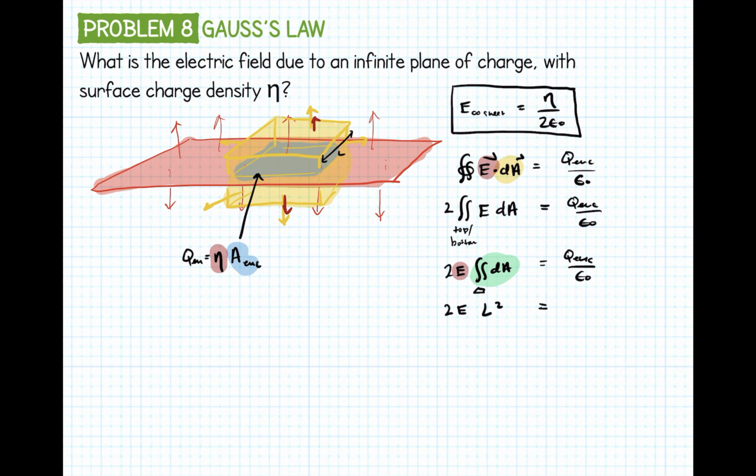Whereas this eta, a squiggly n, is from the actual infinite sheet. So area is L squared, okay? So this becomes eta L squared over epsilon naught.